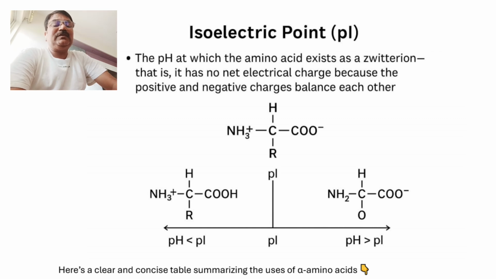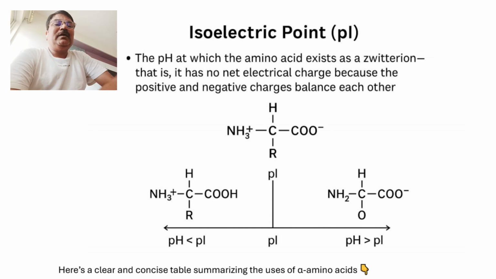First, the isoelectric point is nothing but a specific pH at which the amino acid exists as a Zwitter ion. It has no net electrical charge, not positive or negative.